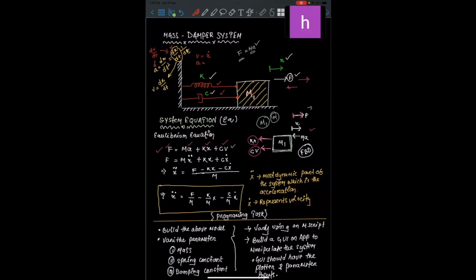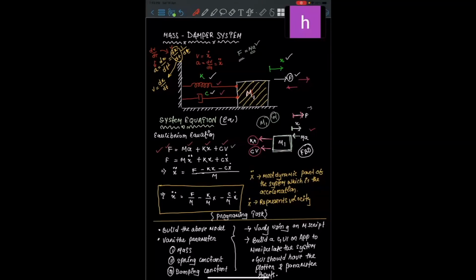So what is dB by dt? This is dV by dt, right? Now v is equal to x dot, and again I am differentiating with respect to time, so there will be two dots.